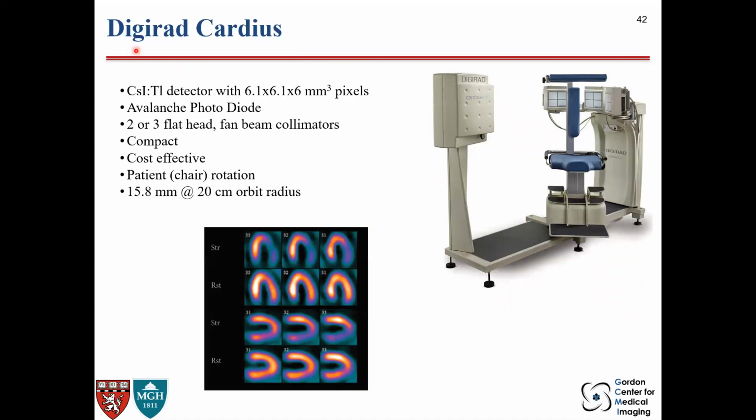There is a Digirad Cardius system, which is based on cesium iodide and avalanche photodetector. They provide decent resolution, but from the footprint point of view, they are the smallest system available in the market.